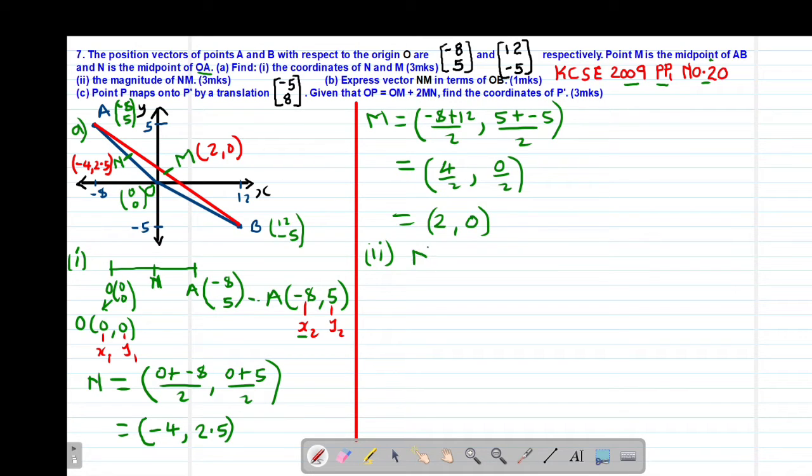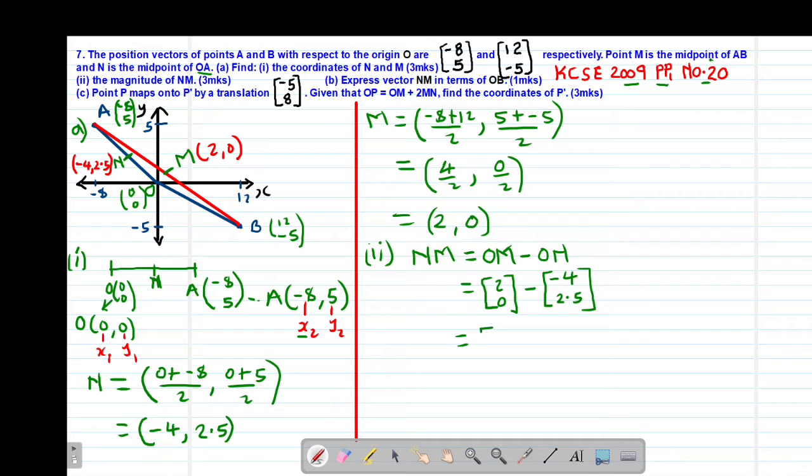In order for us to find the magnitude of NM, we need to find the vector NM, whereby we take the coordinate of point M and subtract the coordinate of point N. M is 2, 0, it's a position vector. Then minus the position vector of ON, which is the coordinate for point N, negative 4, 2.5.